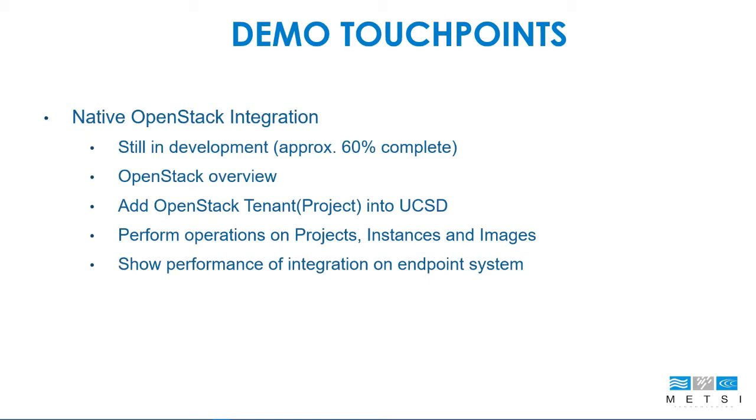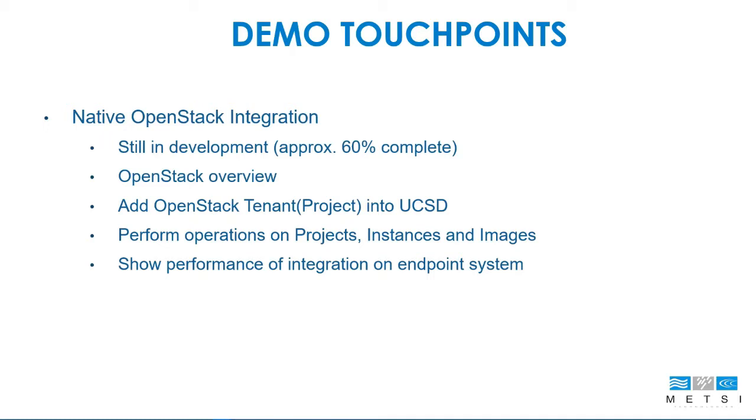So what we'll take you through today is the native integration that we've created within UCS Director. This is still a development that is approximately 60% complete. Initially, I'll take you through an OpenStack overview to highlight some terminologies that might not be familiar to you.